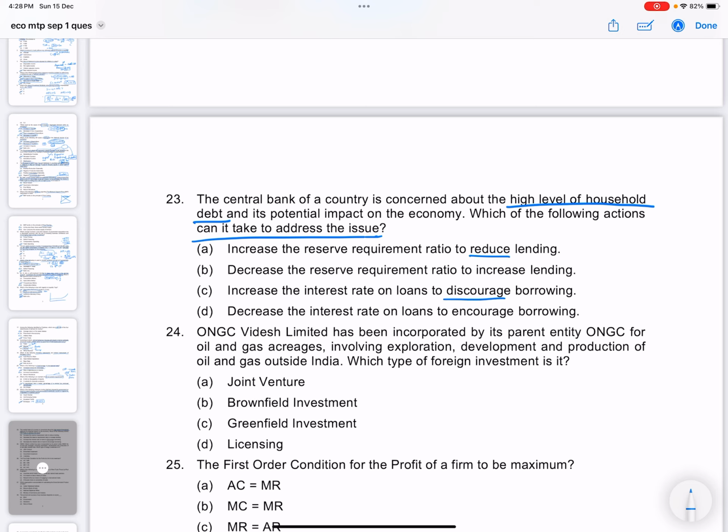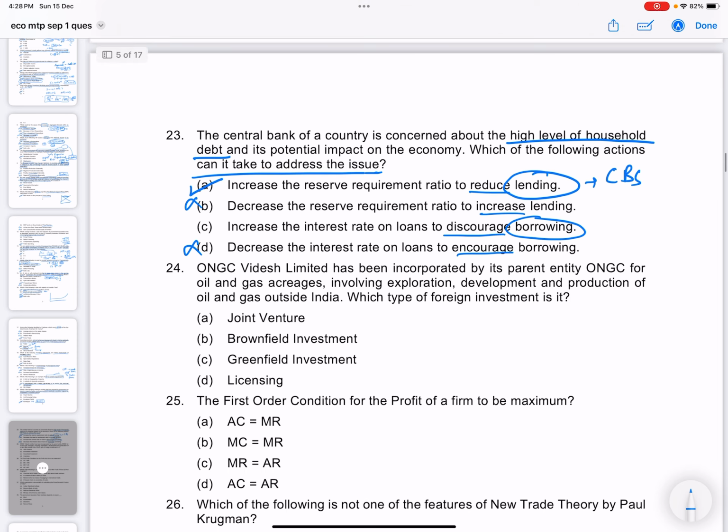Discourage borrowing, reduce lending. Increase lending cannot be there, encourage borrowing cannot be there. Now, borrowing they cannot control, right? The central bank cannot control the borrowing. They can control the lending through controlling the commercial banks. So the answer would be A.